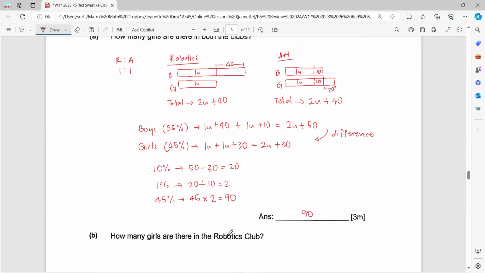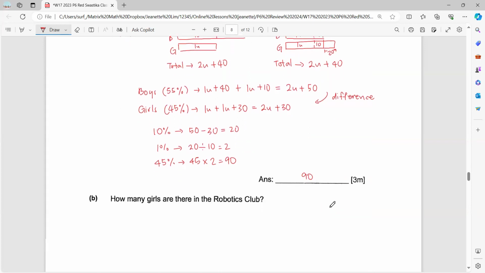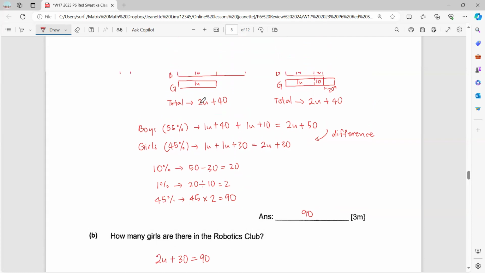Part B, how many girls are there in the robotics club? So we know that the number of girls is 2 units plus 30, which is 90, right? Number of girls in the robotics club is 1 unit.